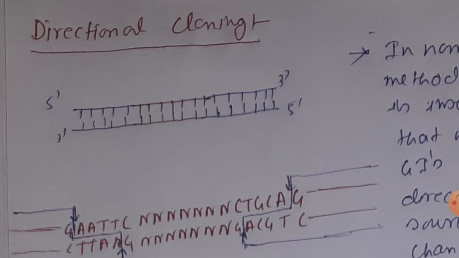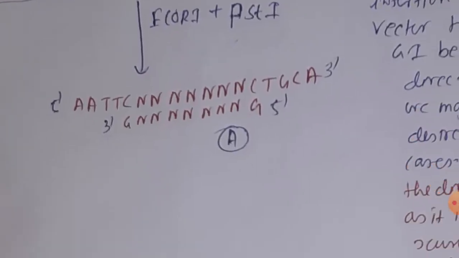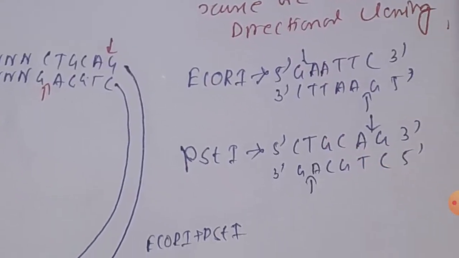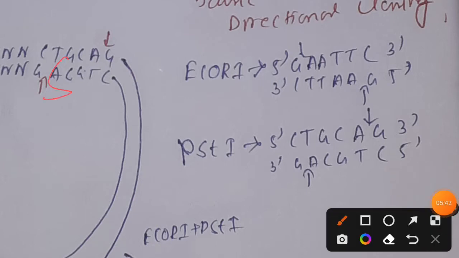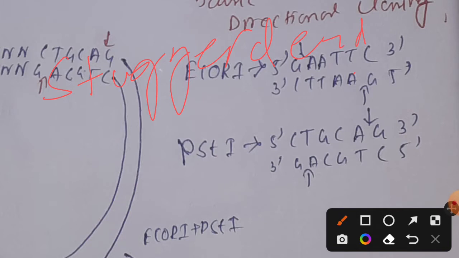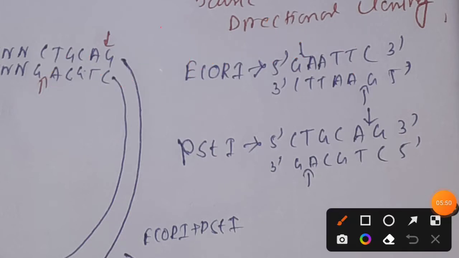Now let's see how it can be done. Before talking about directional cloning, I want to talk with you about two important things that you need to know. First, the staggered cut. I hope you know about the staggered end, but let's talk about it in a little more detail.